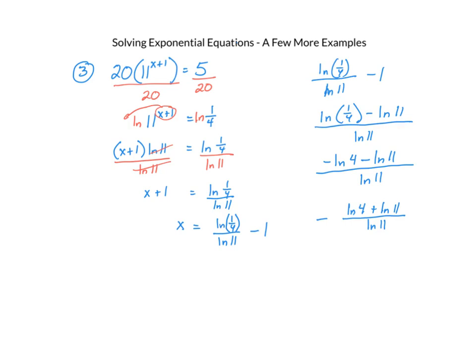And of course, I mean natural log. Natural log of 44 over the natural log of 11, and we still bring that negative down. So you can see there are many different ways that this answer could look in its exact state.